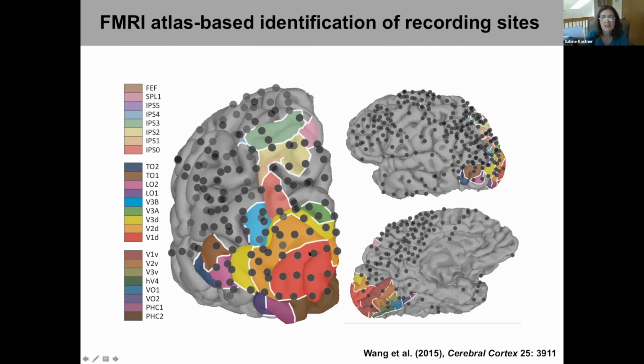But there are many, many other atlases that you could use. What these atlases do is really help us locate some of these recording sites more clearly.